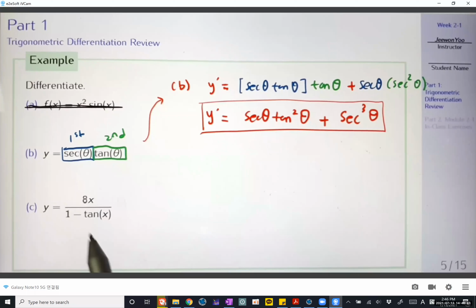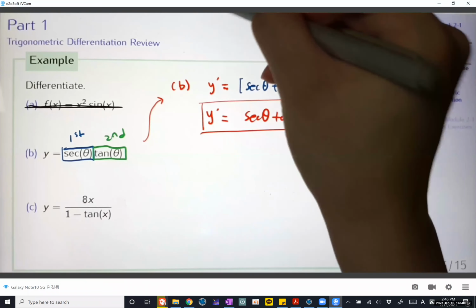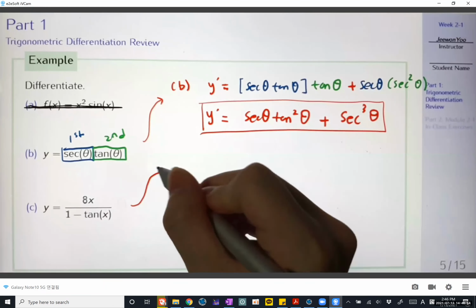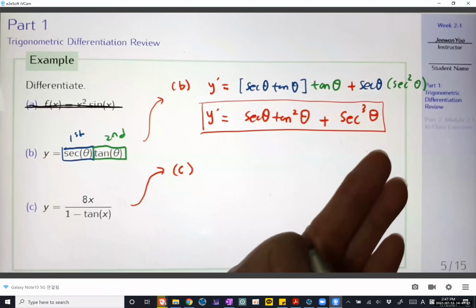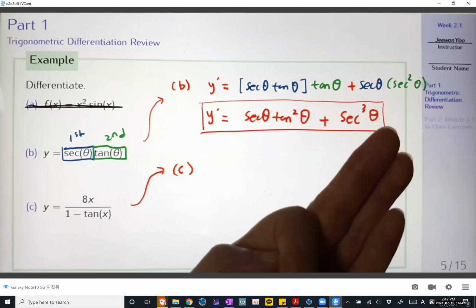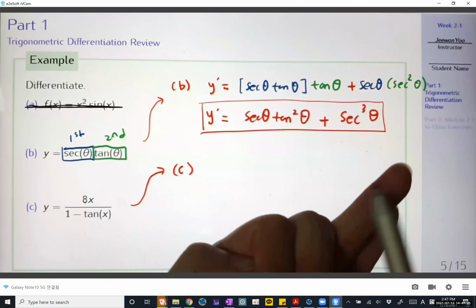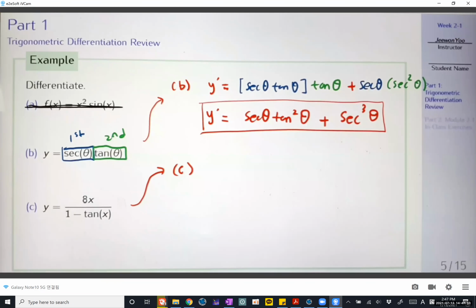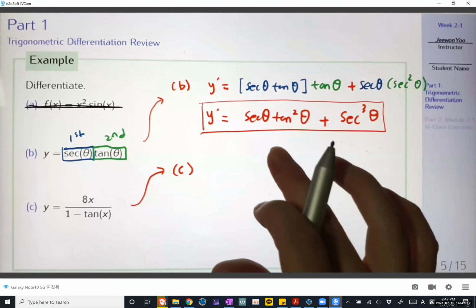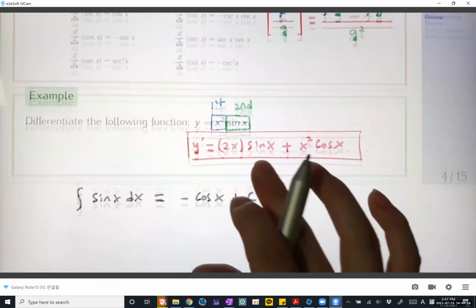Look at part C, everyone. What kind of rule would you like to use? We have 4 choices as usual: product, quotient, chain, and implicit. Like Benjamin mentioned, quotient is the right one. So quotient rule, let me show you one more time. And Haley, I'm going to answer your question soon.